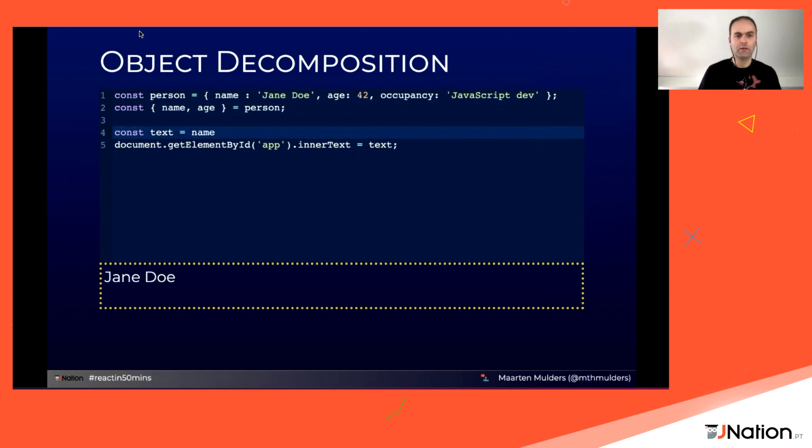So I can say, for instance, there's a variable name by now, and it has the same value as the property name. Same holds for age, but since I did not decompose the occupancy, it's undefined, and I don't see anything at all. It's as if that variable just wasn't there.